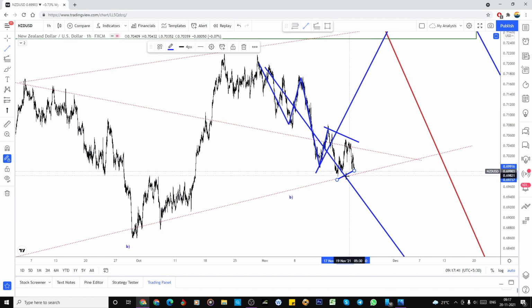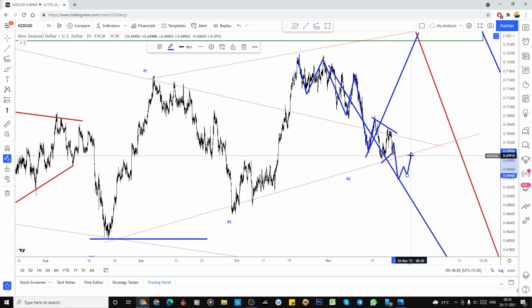So let's wait for this to reach here, whether this could be the triangle, meaning A B C D E. So we are on that 5th wave, so it will do like this, and later on this one, this is the 2, so this whole thing is 3, and later on one more retest of this broken zone, the trend line, and one more low is also possible to break.